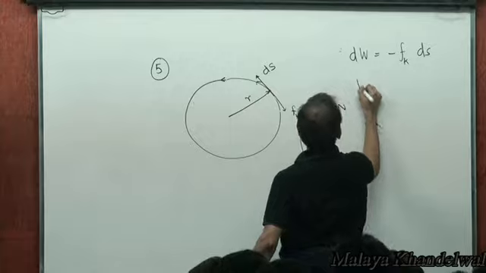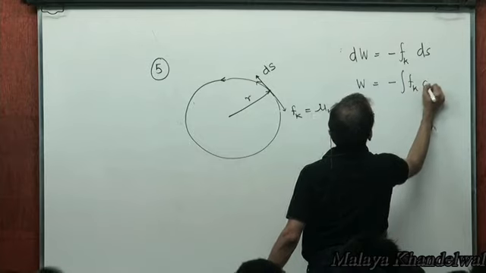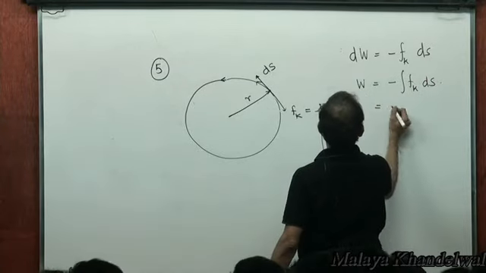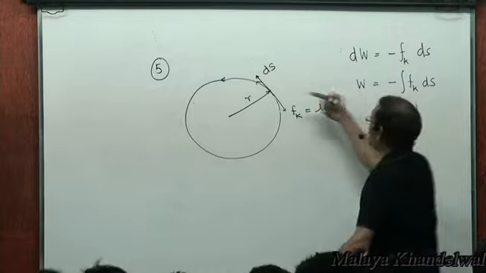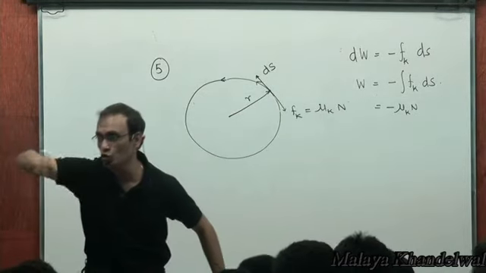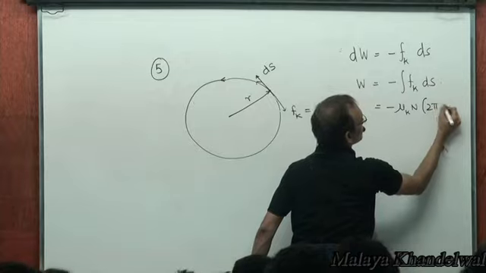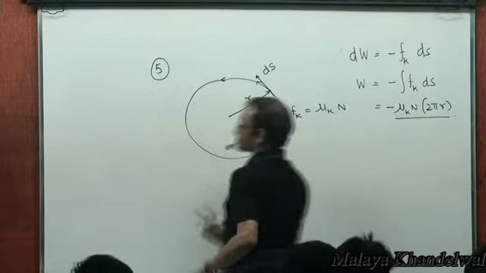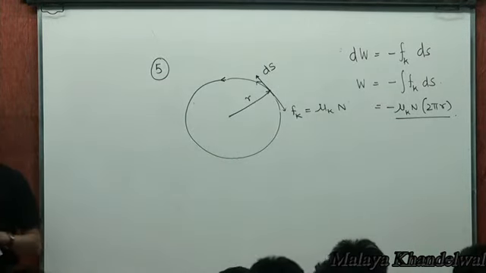The total work done by friction would be the sum of all of this. Fk does not change with time, so it comes out. The sum of all the ds's will give me the total length of the circumference, which is going to be 2 pi r. That's the work done by friction. Is that okay?